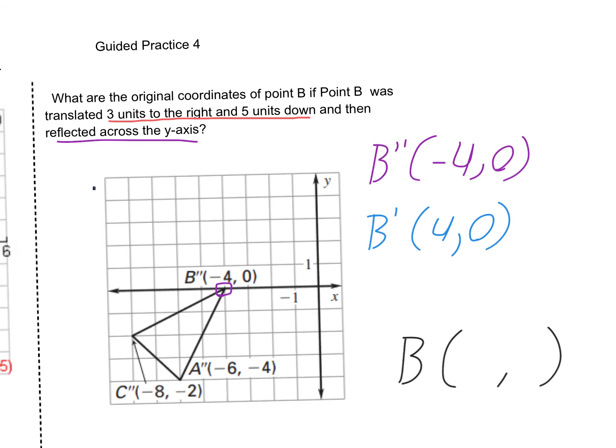So instead of 3 units to the right, we're going to go 3 units to the left. So x minus 3. Instead of 5 units down, we're going to go 5 units up, so y plus 5, such that our original B value was located at 1, 5, indicating that it would be, if we were to graph it out, about there.